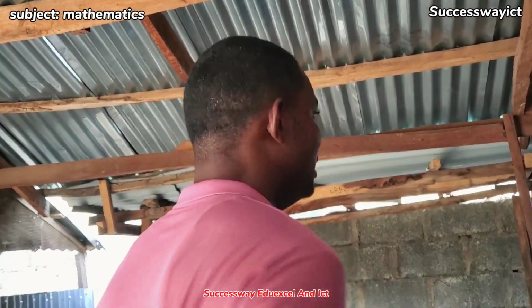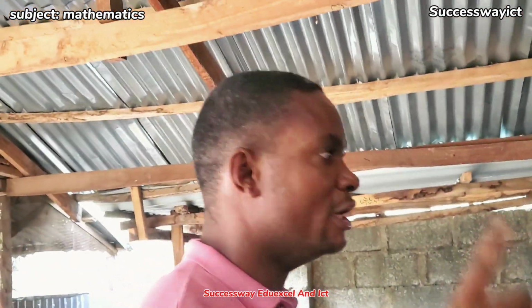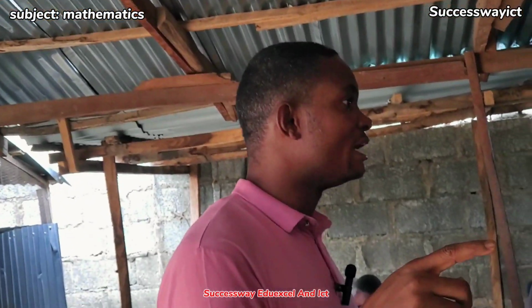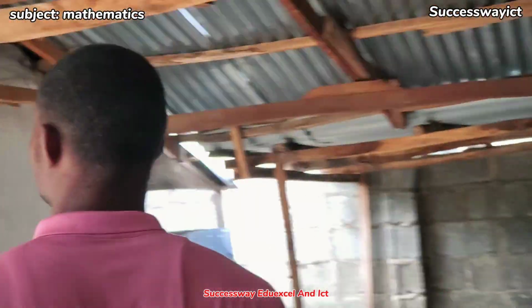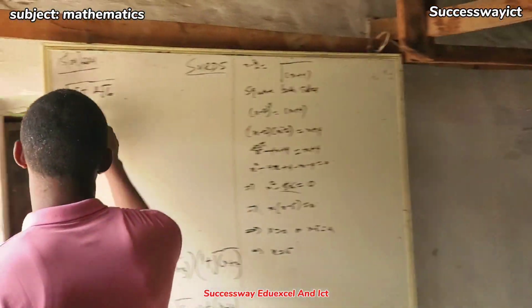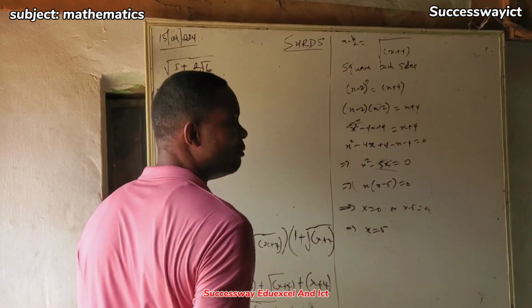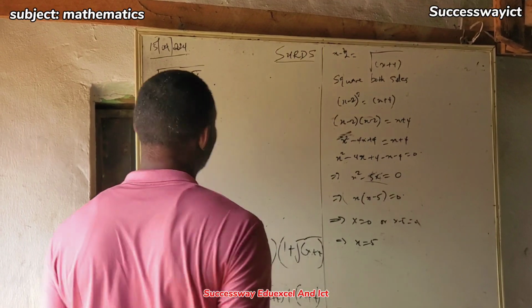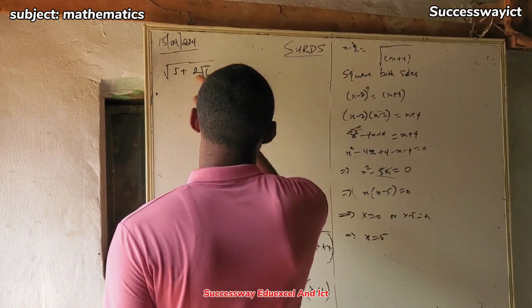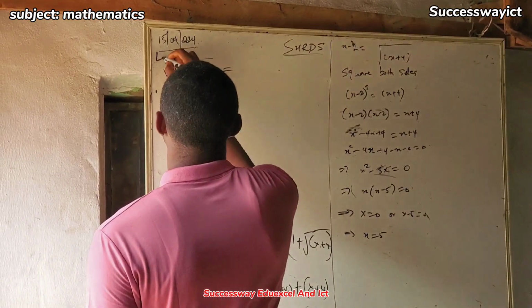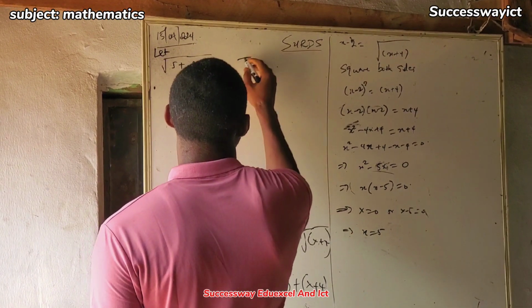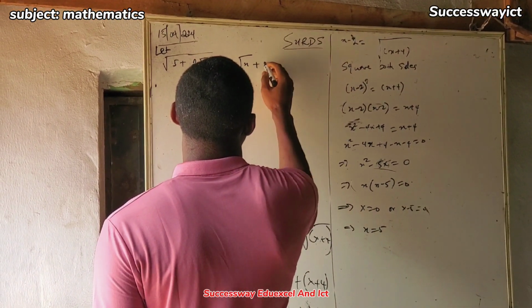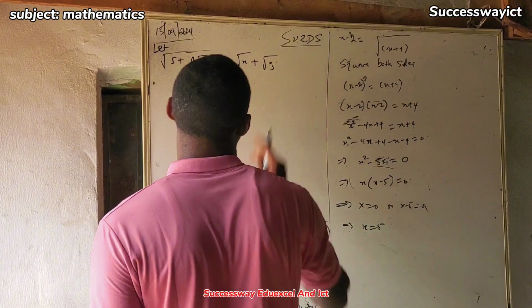You know that normally a surd is always in a root form. Now, if a surd is always in a root form and you're having two numbers or two expressions inside the root sign, you can just say, let this be equal to root x plus root y.